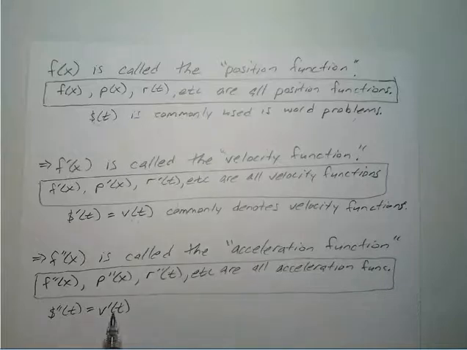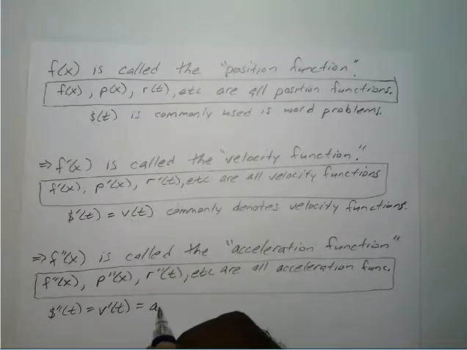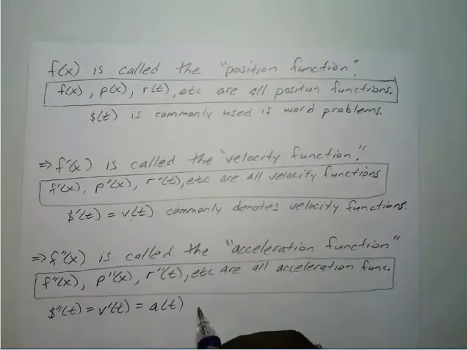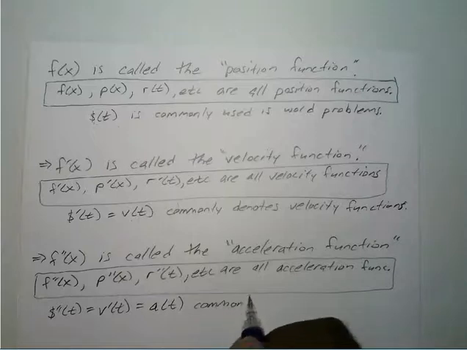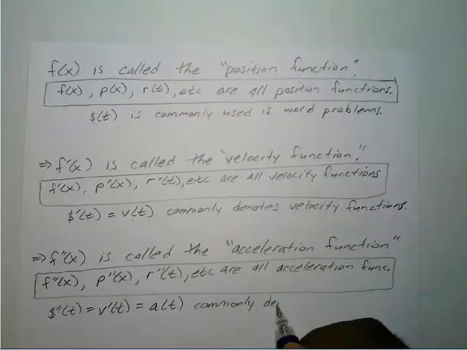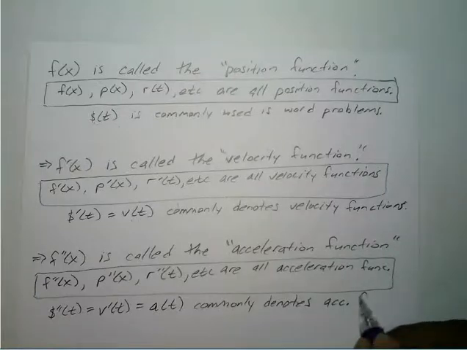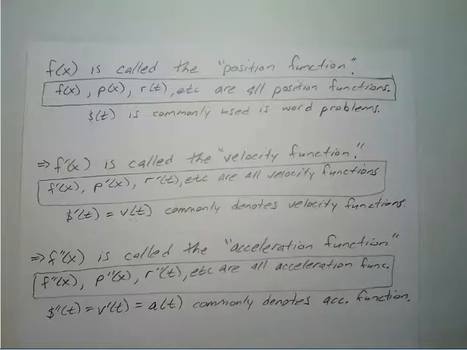That is denoted by A of t, which commonly denotes your acceleration function. Once again, these are common notations. It's not saying it's the only notation you will see, just what you will see most often.